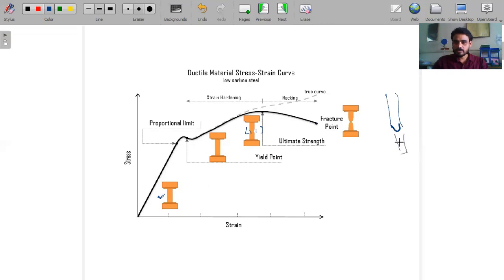One part will have the cup and the other part will have the cone. The material will fail like that if it is ductile, and if the material is brittle, separation of plane will occur. Splitting of plane will not occur, separation of plane will occur.